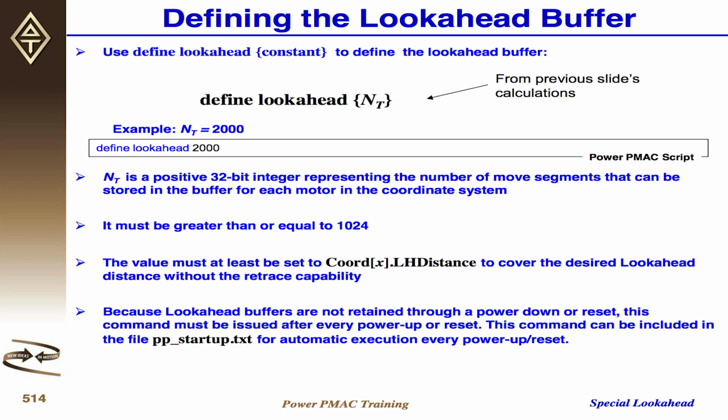This NT can be a 32-bit integer representing the number of move segments that can be stored in the buffer. It must be at least 1024 or greater, so you cannot define less than 1024. If your calculation comes up to be less than 1024 for the NT, you should at least define 1024.